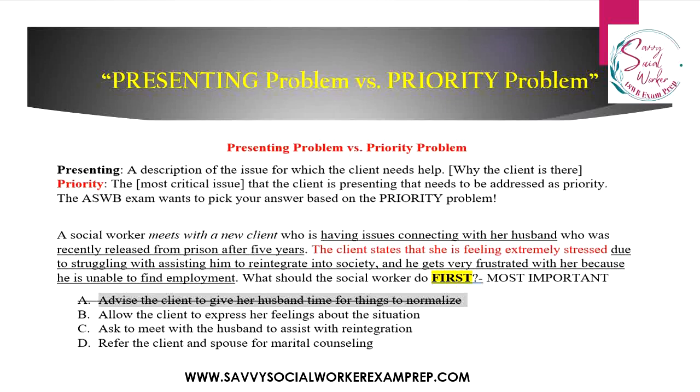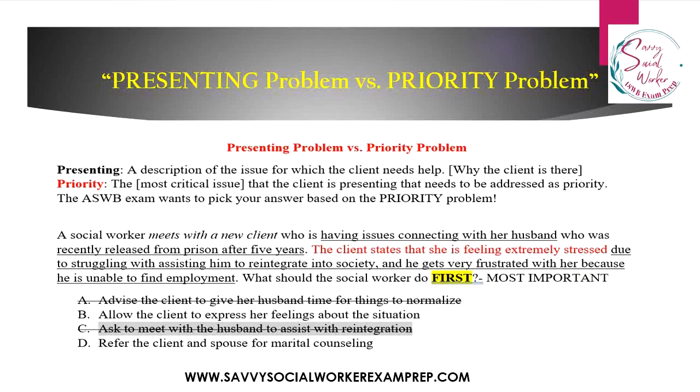The most important thing right now, in the here and now, is that the client that is here with me is telling me that she feels extremely stressed. So I'm not going to prioritize the husband, and the wife right now is my client. So I am going to eliminate C for that reason.